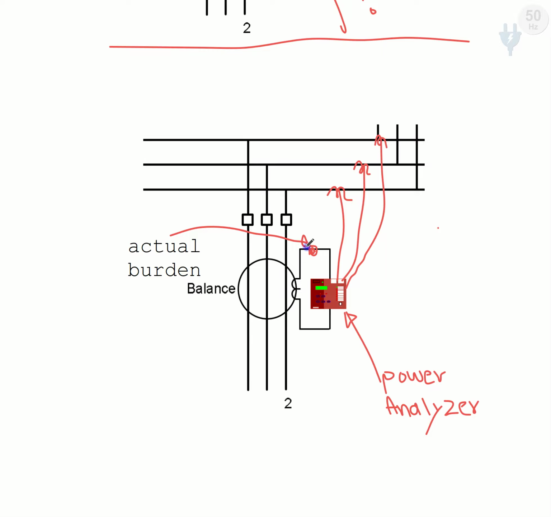At that time we apply a current, for example current I1, in these three phases. We take this I1 value as, for example, 0.5 amperes in the secondary.